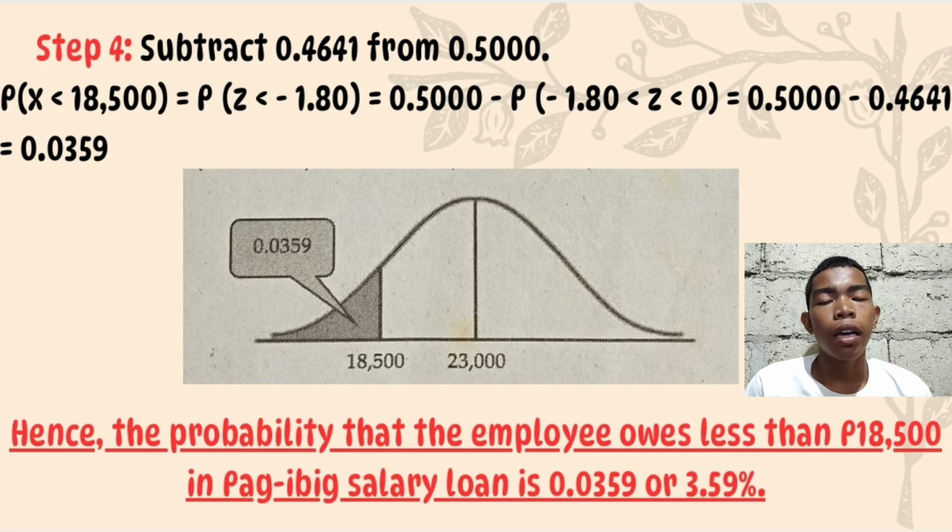So the shaded area would be 0.0359. Hence, the probability that the employee owes less than 18,500 pesos in the Pag-IBIG salary loan is 0.0359 or 3.59%.